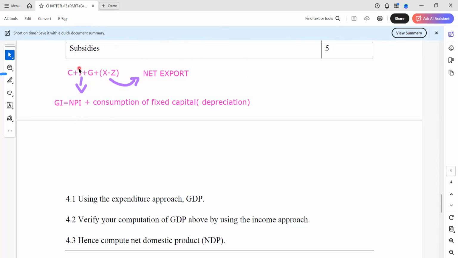Look, so let's just calculate again. So we're calculating GDP using the expenditure approach, and this is the formula. It's just C plus I plus G plus X minus Z. So we are basically adding up all the sources of consumption.